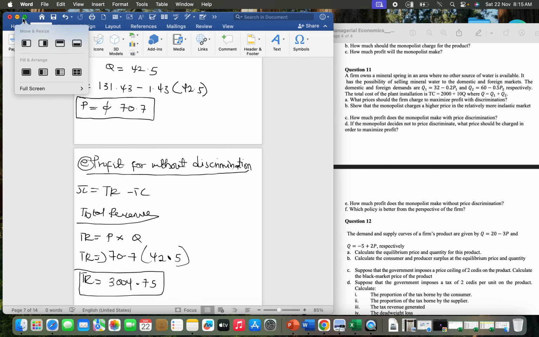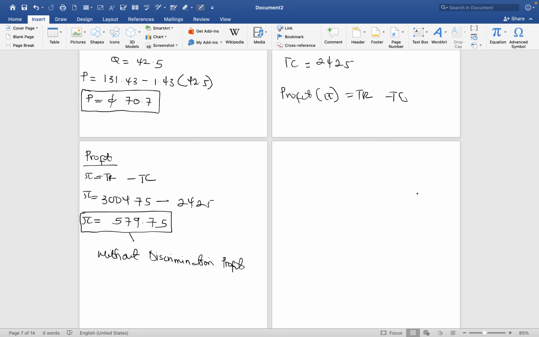That's F. Which policy is better from the perspective of the firm?